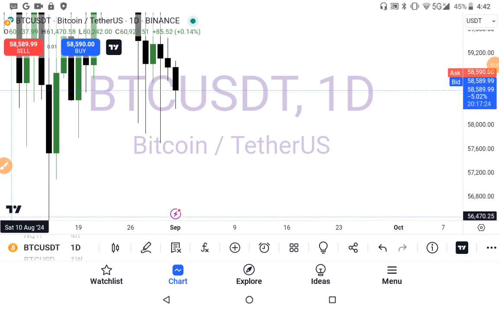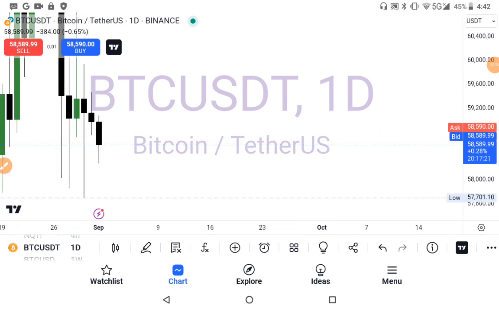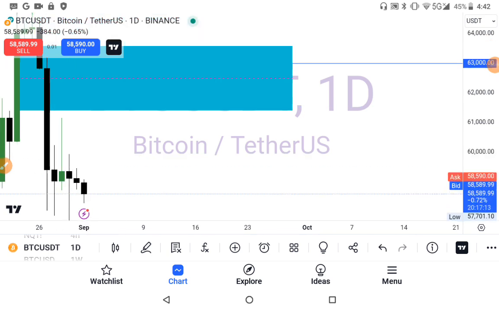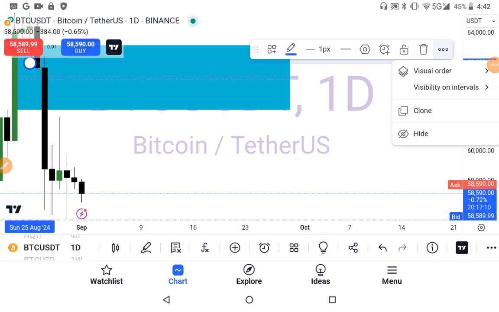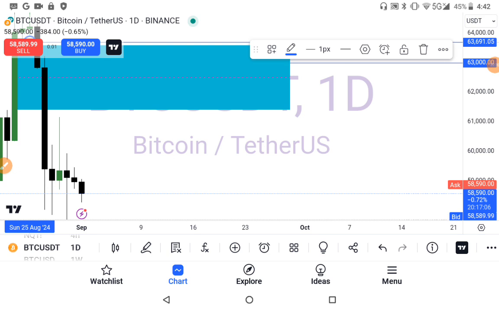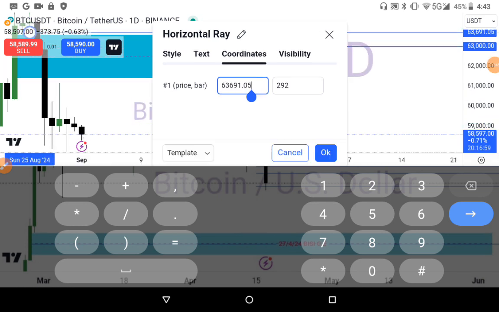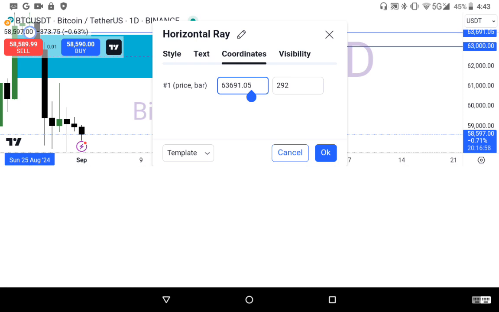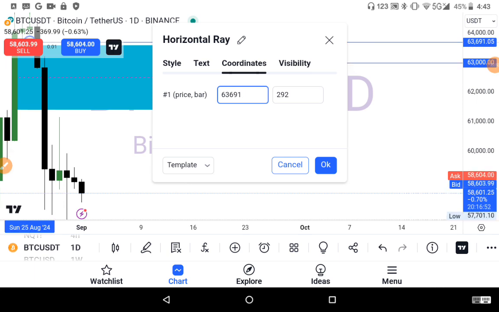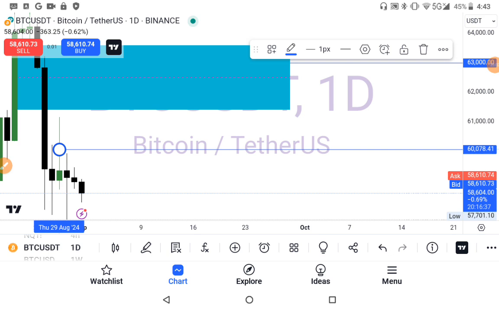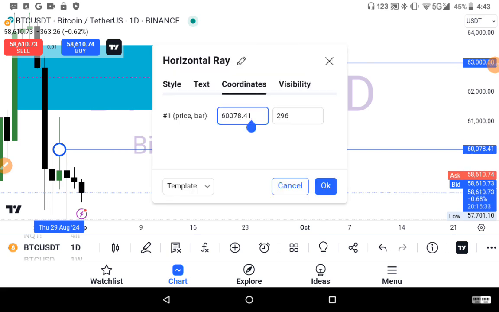60,000 should serve as a kind of resistance to this price. Why did I pick 60,000? 60,000 happens to be the consequent encroachment of that week.